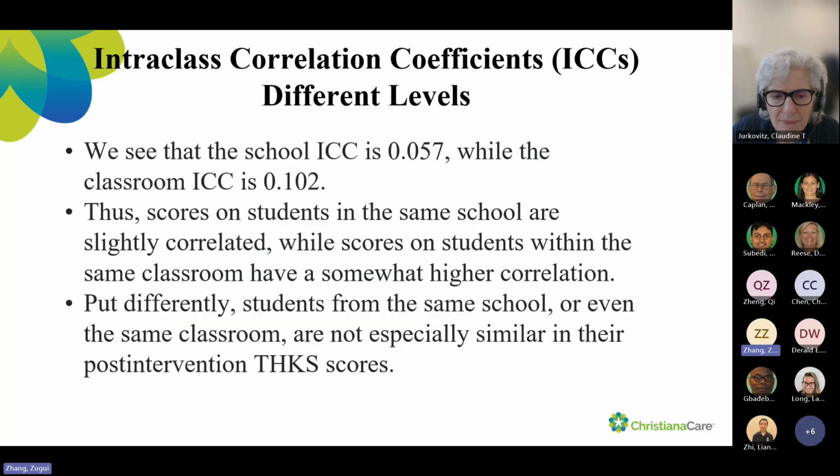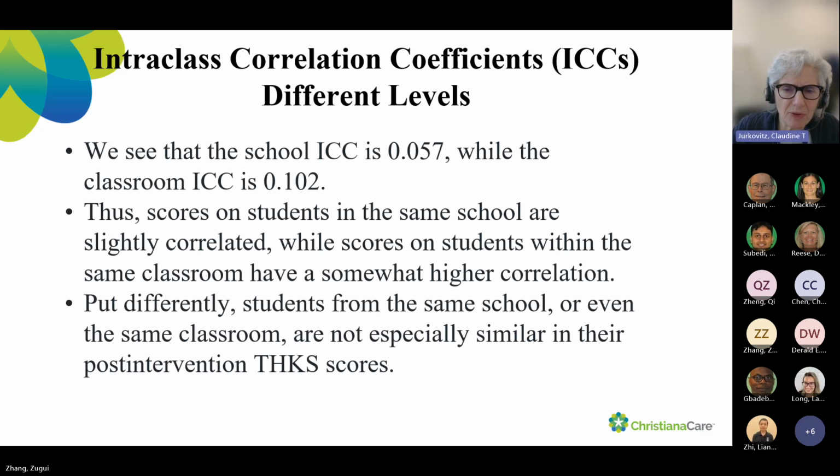Here the ICC for school is 0.057, and for classroom is 0.10. So we will see for the tobacco cessation score, about 5.7% of the variation is due to the impact of school, and about 10% is due to the impact of classroom.